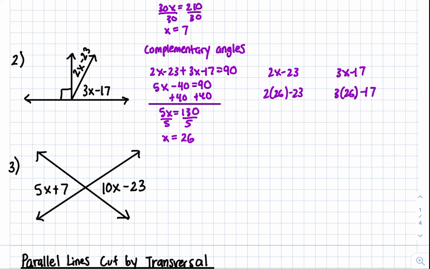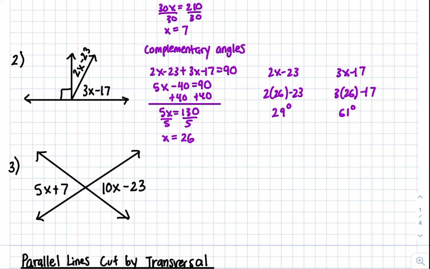And now you guys solve. 2 times 26 subtracted by 23 will give you 29. And 26 times 3 subtracted by 17 will give you 61. Does this make sense? Yes, it does, because complementary angles are two angles that add up to 90. 29 plus 61 is 90 degrees.